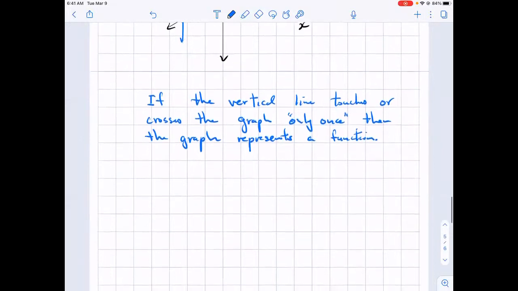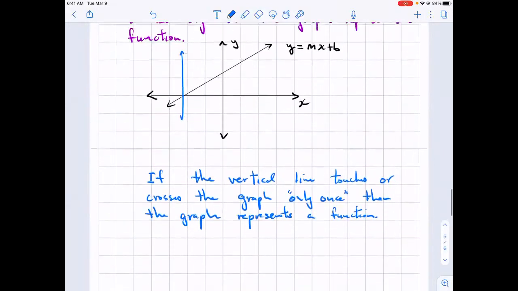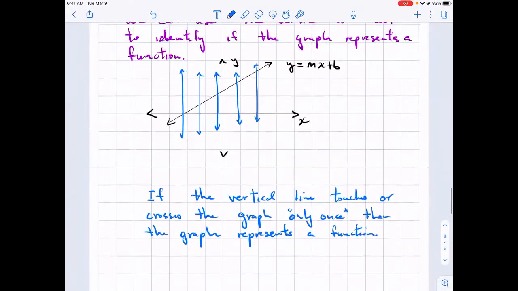So please note, you have to draw more than one line, right? If I continue to draw lines here, each one of these lines only crosses once. So you want to draw a bunch of lines to see, because maybe one of them will cross, but the other one wouldn't cross, okay? So this is a function. So let's redraw it.